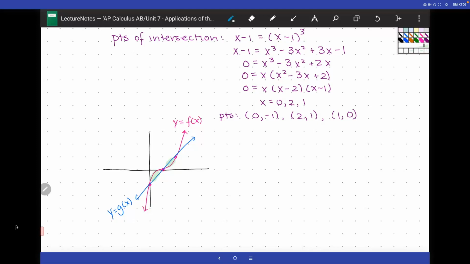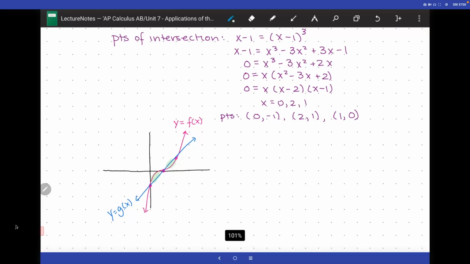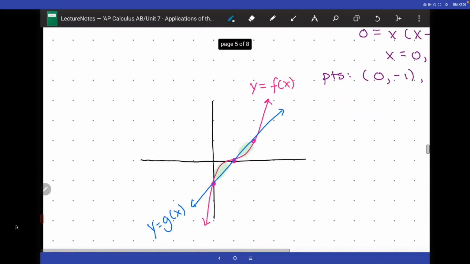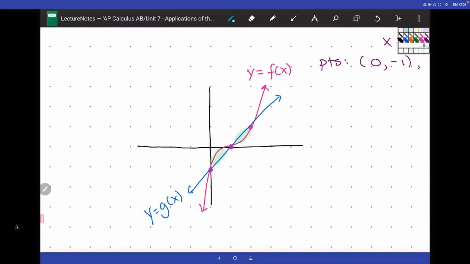All right, so looking at top minus bottom, right minus left. Anybody have any thoughts on this? I'm gonna zoom in just so we can see it. It's so little. So this one we actually have some choices regarding top minus bottom, right minus left.